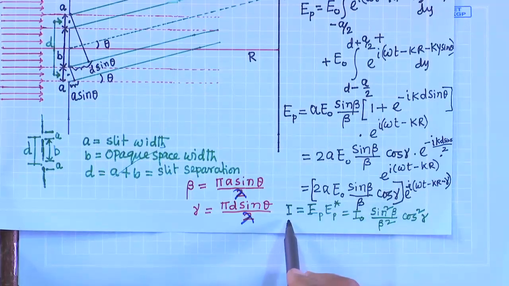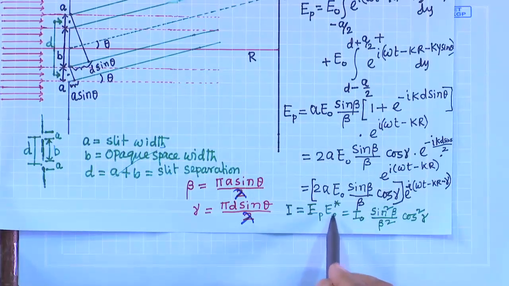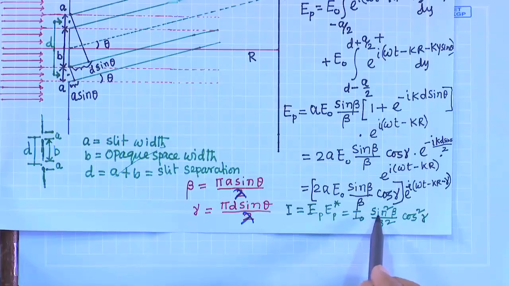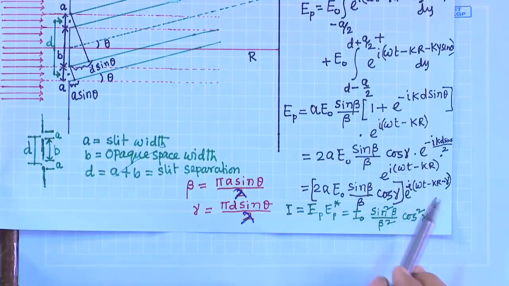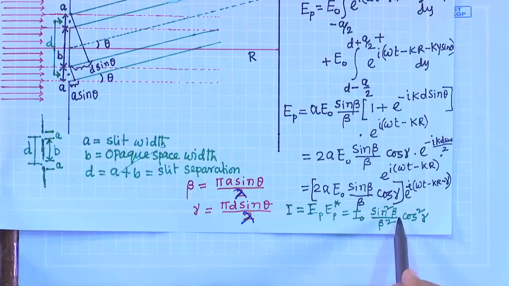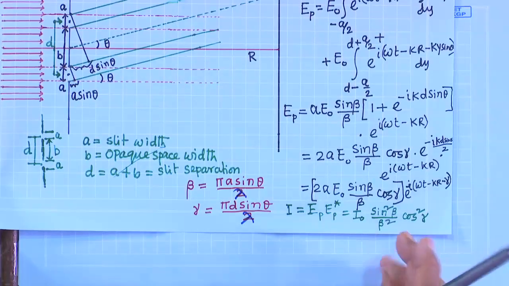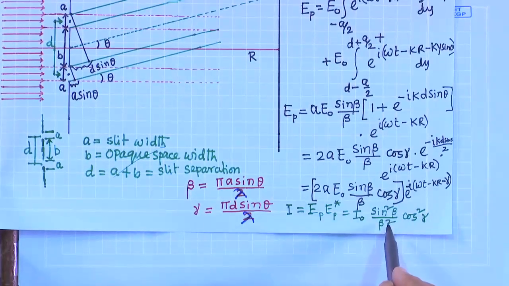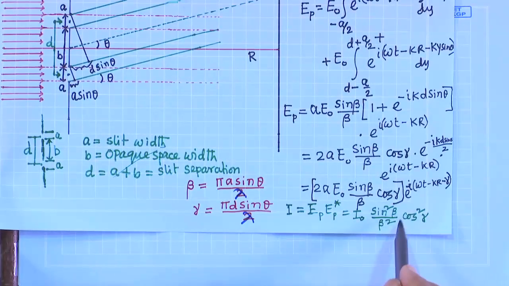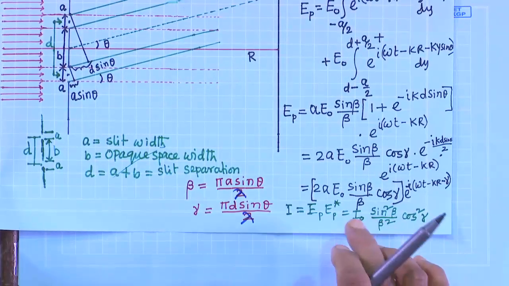So your intensity will be I equal to I 0 sin square beta by beta square cos square gamma. This sin square beta by beta square is obviously the single slit diffraction effect, and this cos square gamma, you remember, is for interference.